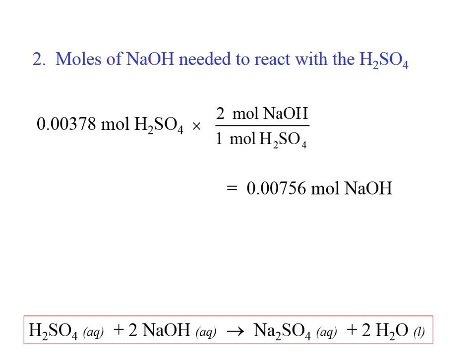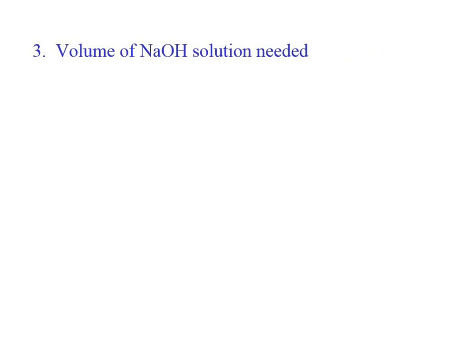So now we know enough about our NaOH where we have the question mark volume. Okay, so now we know moles and we were given molarity. So step number 3 will piggyback on these moles. You'll see the 0.00756 moles of NaOH again. We need to double check what the molarity of the NaOH we were given.